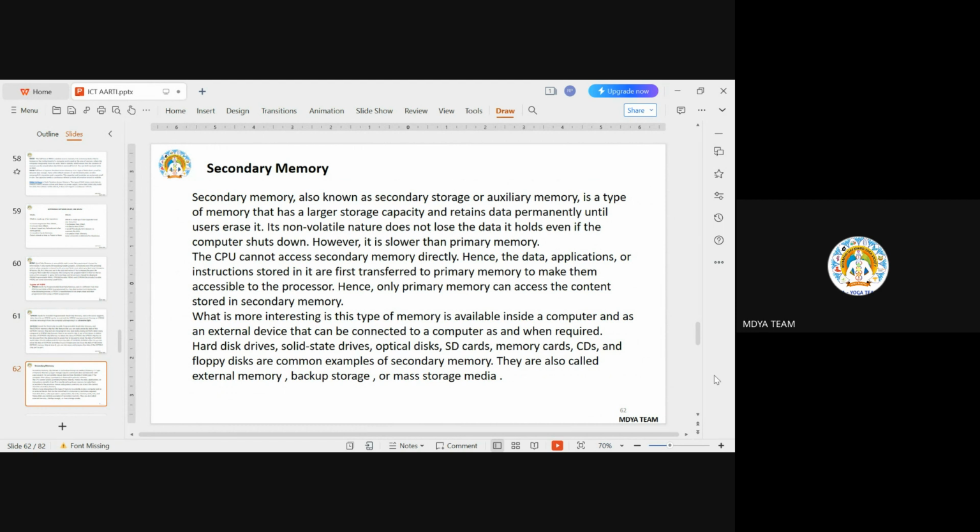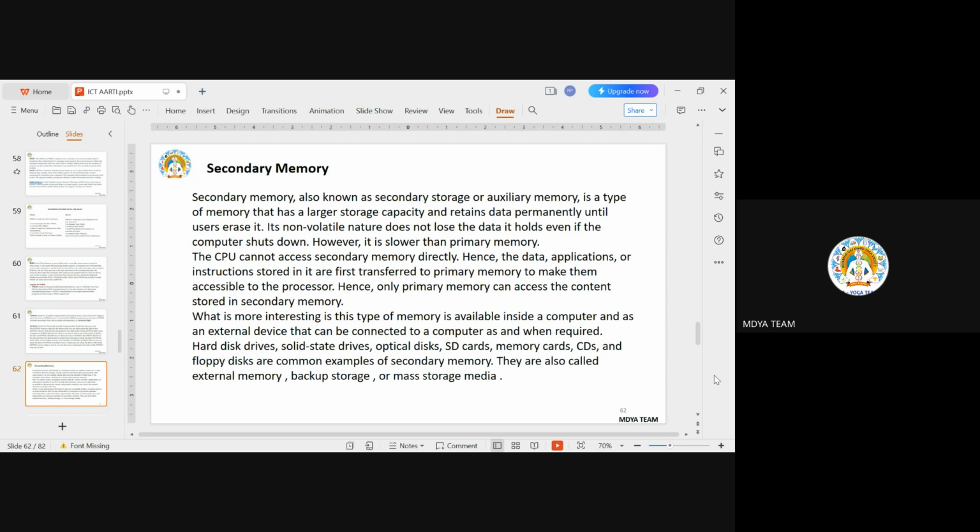Its non-volatile nature means it doesn't lose the data, it holds it even if the computer shuts down. As we know, in primary memory, in RAM, when the power is cut, all data will be lost, okay? So it is slower than primary memory.